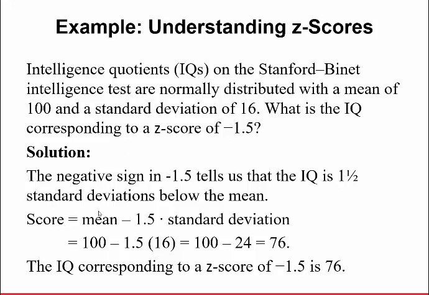So the score is the mean minus the number of standard deviations times whatever the standard deviation is. The mean is 100 minus 1.5 standard deviations, and the standard deviation is 16. So 1.5 times 16 is 24, and 100 minus 24 gives me 76. So the IQ corresponding to a Z-score of negative 1.5 is an IQ of 76.